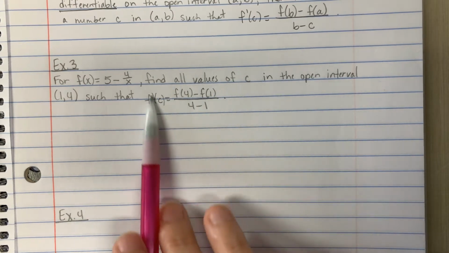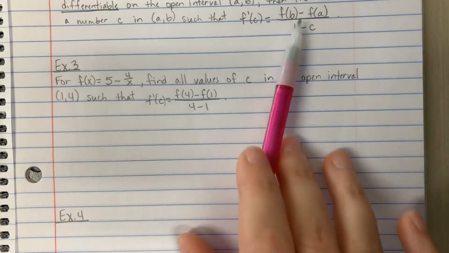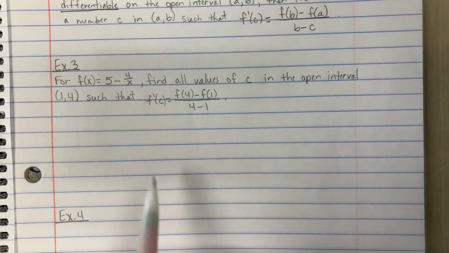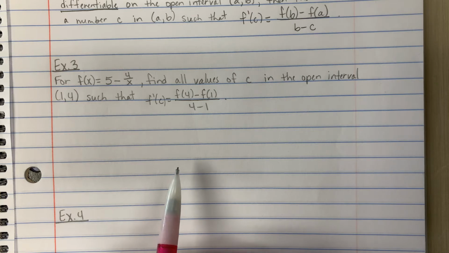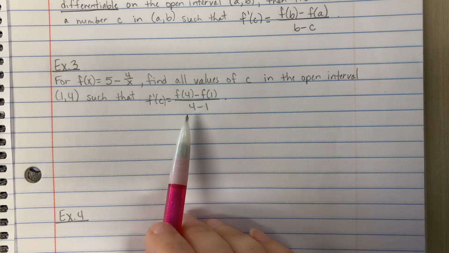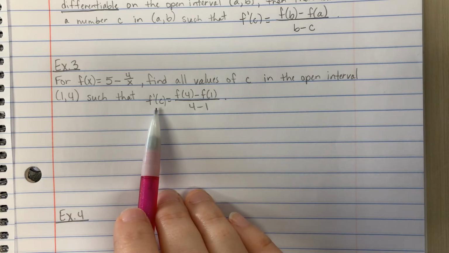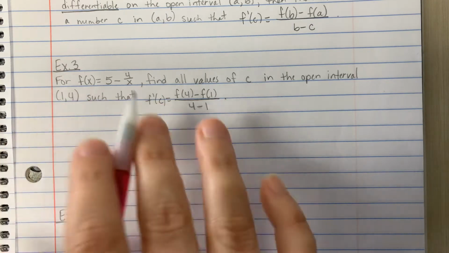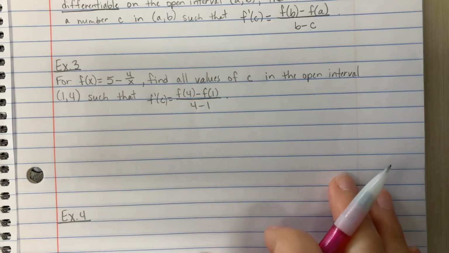Well, this right here is mean value theorem. The mean value theorem told us that that is true. So we need to just find all the values that work. So the idea is we have been finding the derivative a lot and setting it equal to 0. Now we are finding the derivative and then setting the derivative equal to whatever this average rate of change is.